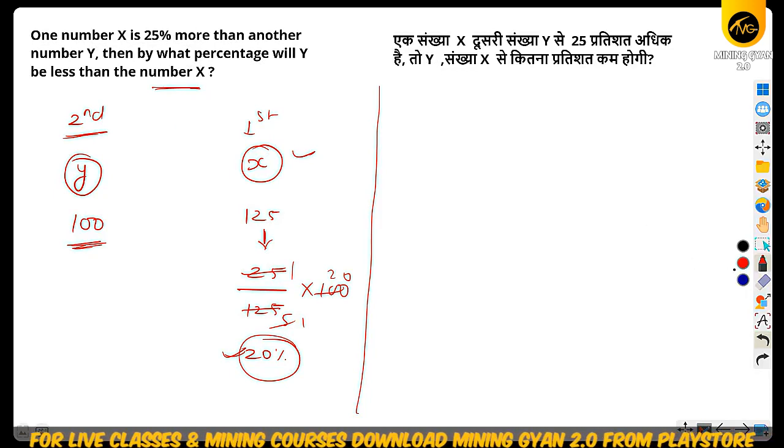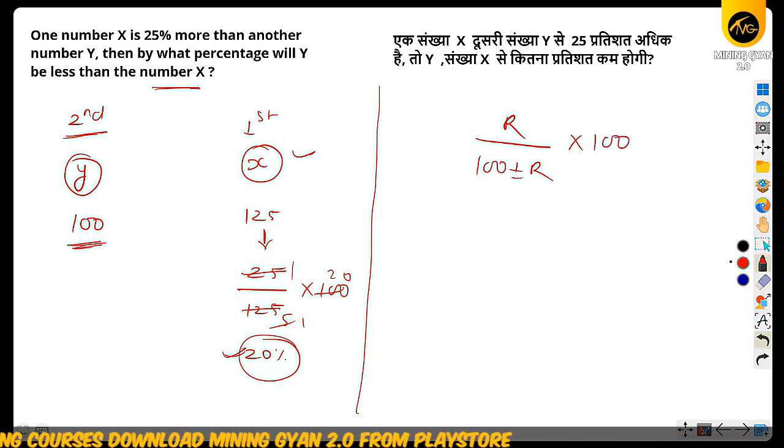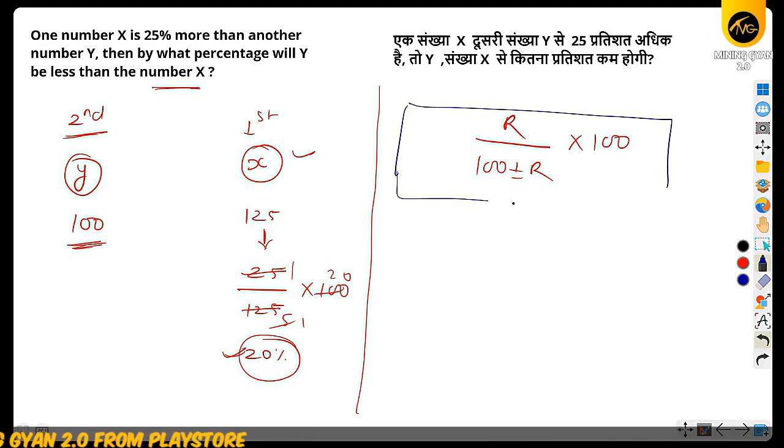Okay, we have another method to find out the answer. Just use r divided by 100 plus minus r, into 100. This is the shortcut method and the other is the traditional method. So what is r?